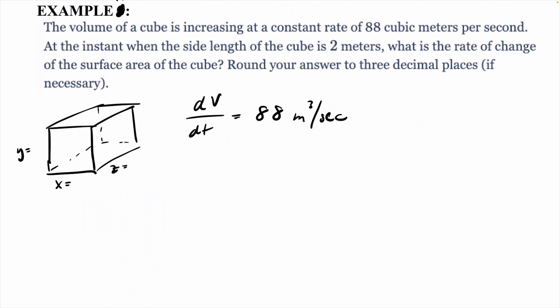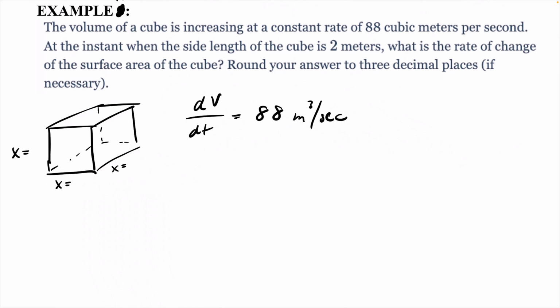A cube is square-based, so every side is the same. X, Y, and Z are all the same. So I'm not going to call them X, Y, and Z because that'd be a little confusing. I'm going to call them all X, because they're all the same.